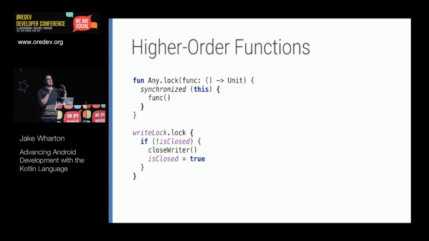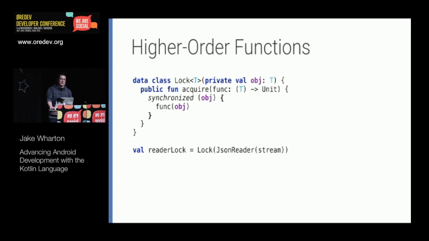So if we have some lock or some object that we need to lock on, we can put the code that executes inside that lock inside a function and pass that to this method that's on every instance. And so it cleans up the calling code and makes it a little bit more clear.